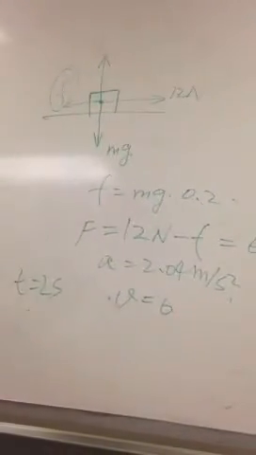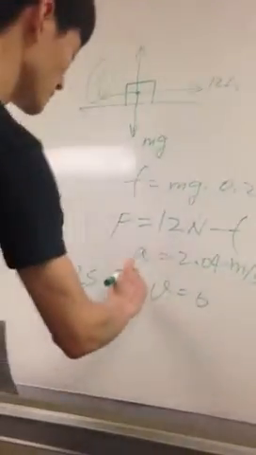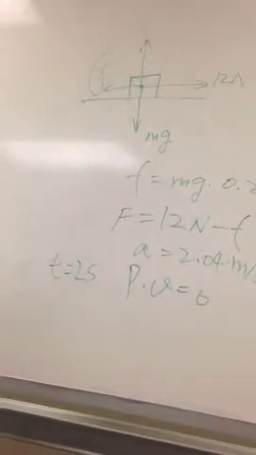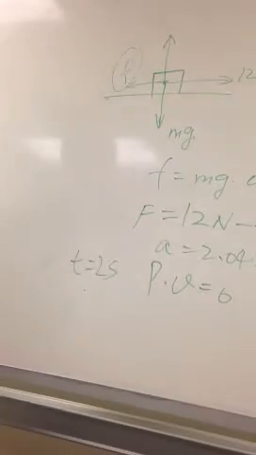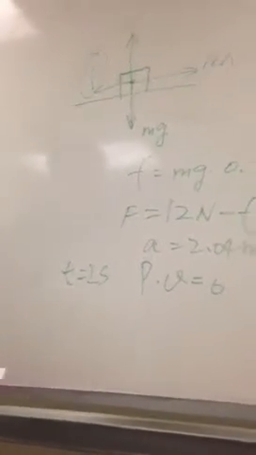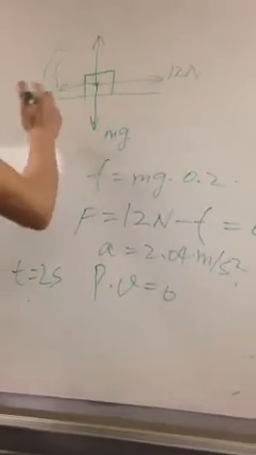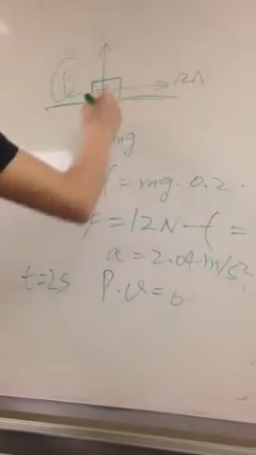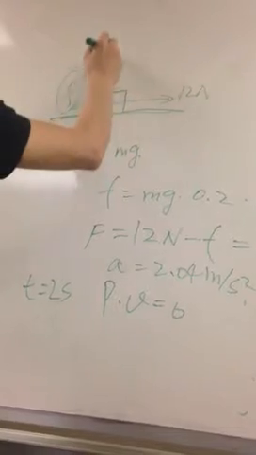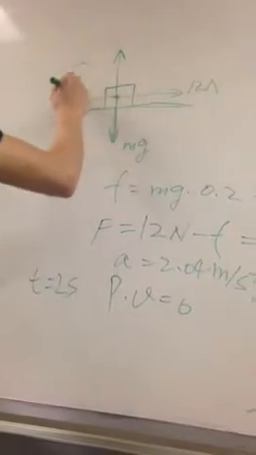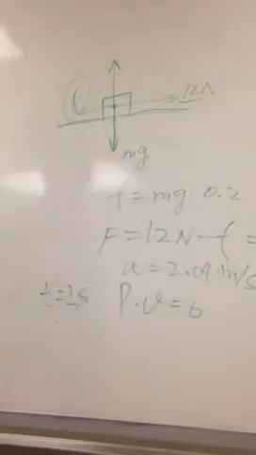So it will be P. How did you get the acceleration? We analyze the forces, the resultant force. So this block is on this surface. It has gravity, the support, friction, and then this 12 Newton force.